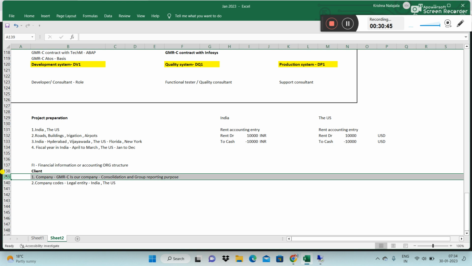Then we'll ask, where is your company address in the US? They'll say, my company originated from India, its corporate office is in Hyderabad. So here in the US, whatever business operations we monitor, this is a legal entity. Legal entity address we have in New York, whatever state he has an office in.